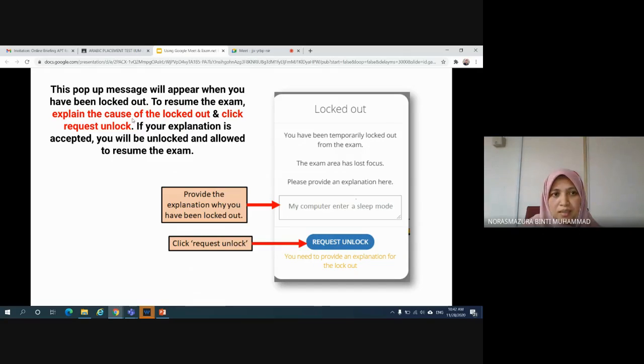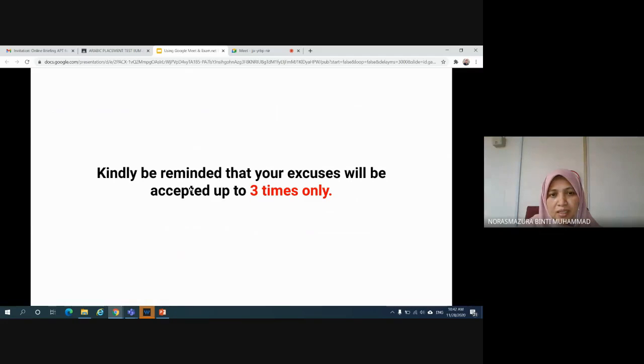To resume the exam, explain the cause of the lockout and click request unlock. If your explanation is accepted, you will be unlocked and allowed to resume the exam. Kindly be reminded that your excuse will be accepted up to 3 times only. This is very important.